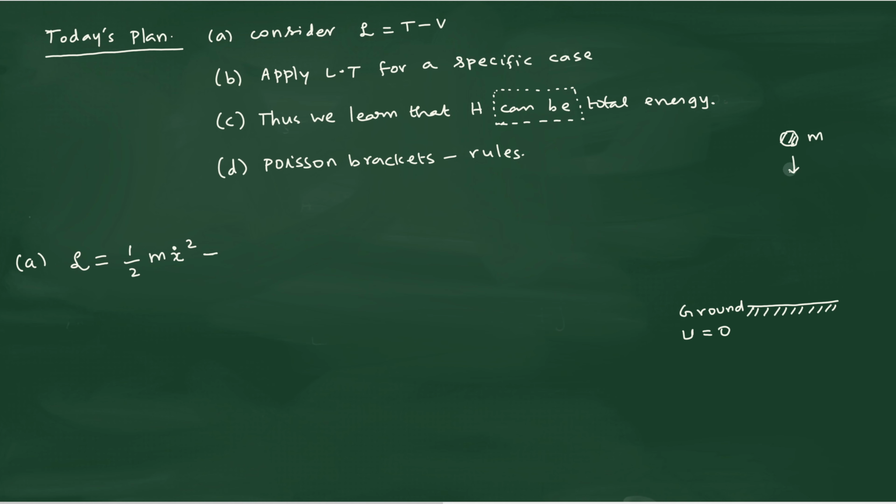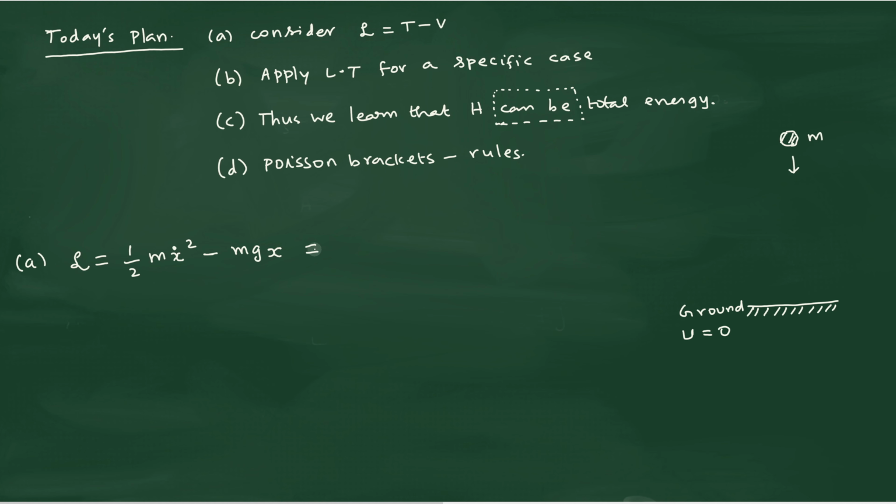The speed will be changing, but at any instantaneous time the kinetic energy is given by half m x dot square. It's a very simple free fall vertically down, and the potential energy at any given instant will be mg into h, where h is the height. If x is the variable, rather than h we can say x.